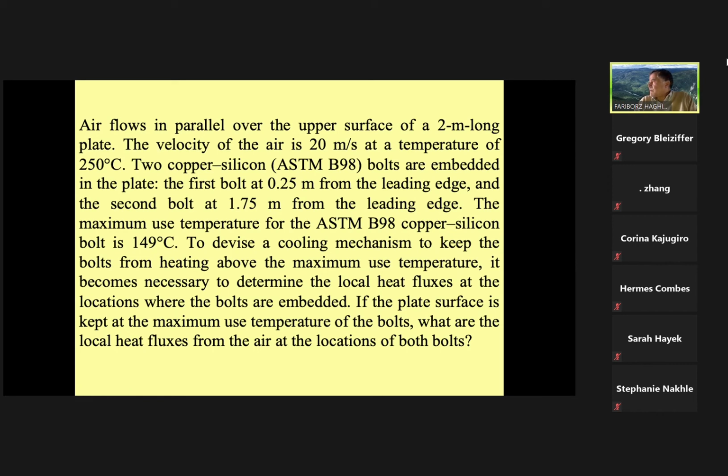Therefore, it's representing the heat transfer from the solid to the air, or from the air to the solid. Therefore, I have to apply Newton's law of cooling. Newton's law of cooling says Q is equal to h A delta T, or in our case, h times delta T. I know the delta T: the air is 250 degrees, and the temperature of the surface I do not want to exceed 149.